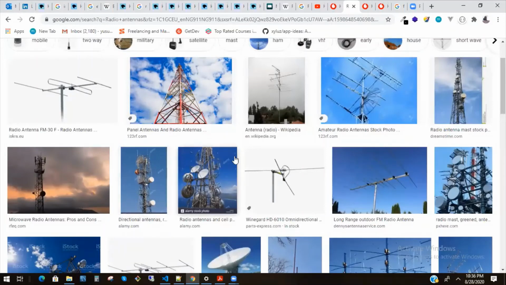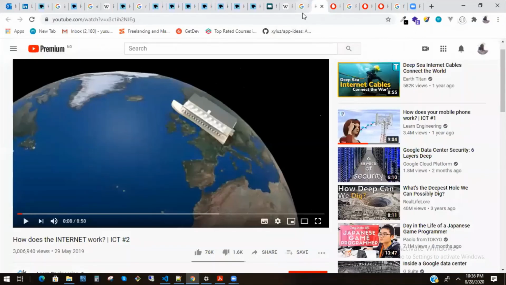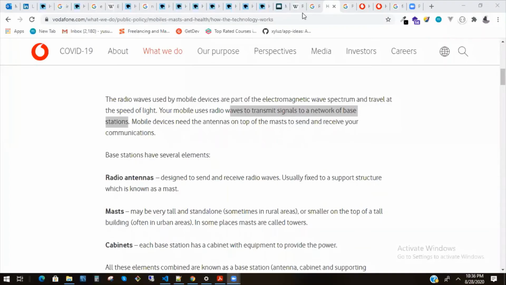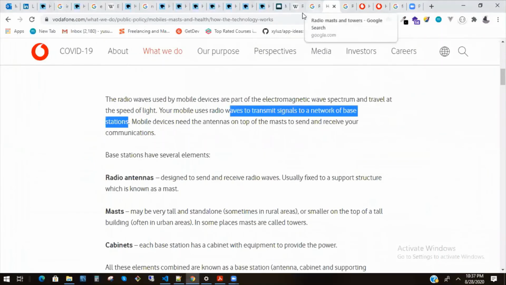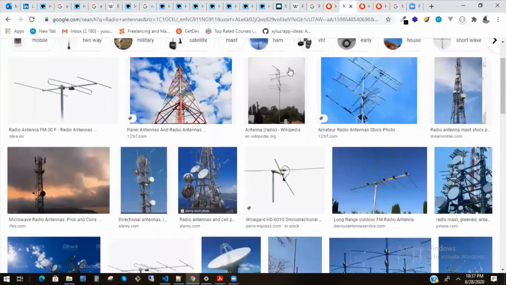These are the antennas that are attached to these radio masts. These base stations have radio antennas attached to them.